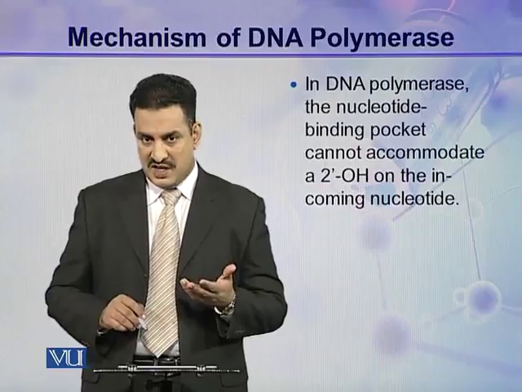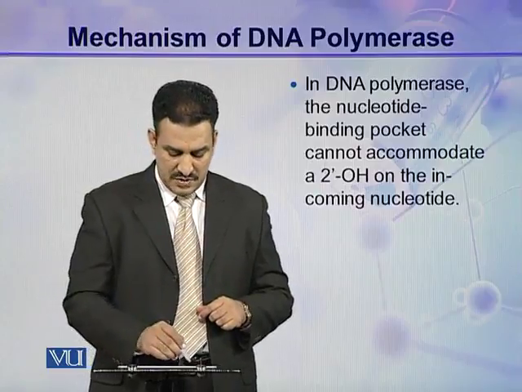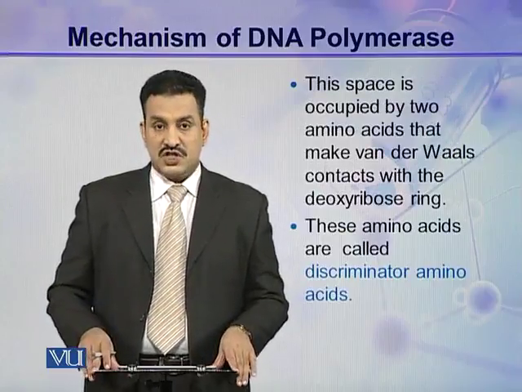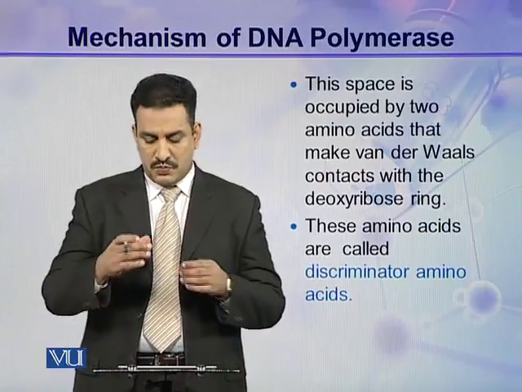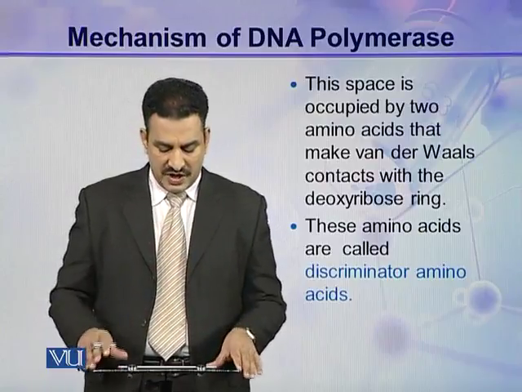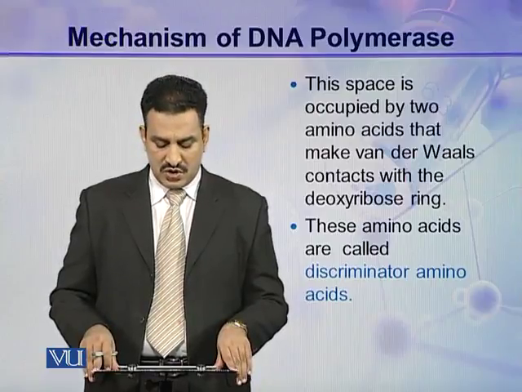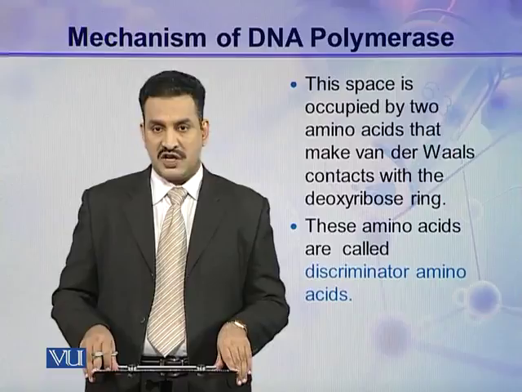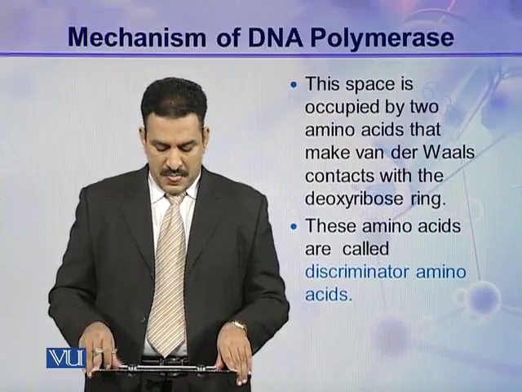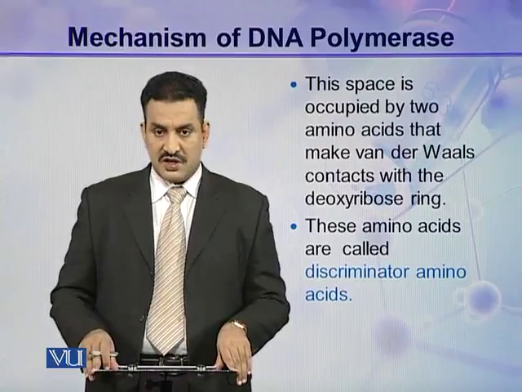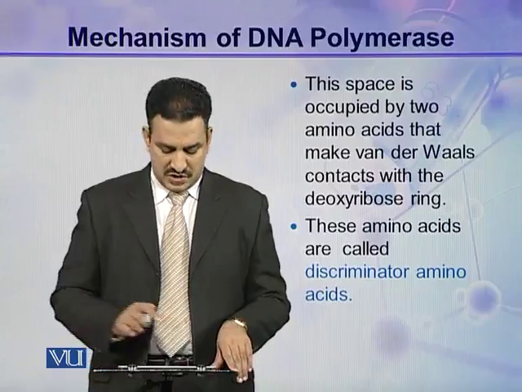There is one less oxygen at 2'. This space in the pocket is occupied by 2 amino acids that make van der Waals contacts with the deoxyribose ring. These amino acids are called discriminator amino acids.